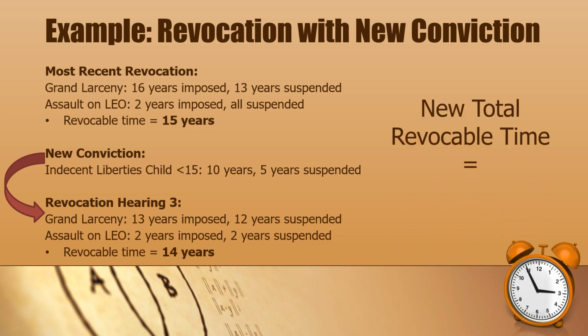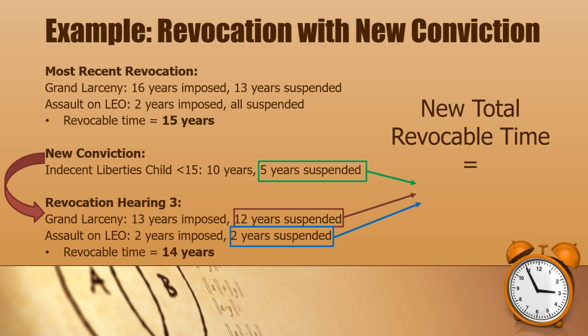Just like the other probation revocations, we will add up the suspended time from the probation revocation hearing, but will now also add the suspended time for the new conviction, 5 years, which results in a new revocable time of 19 years. 12 years suspended for the larceny, 2 years suspended for the assault, and then the new 5 years suspended for the indecent liberties.